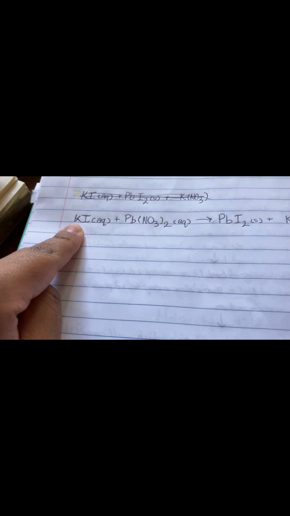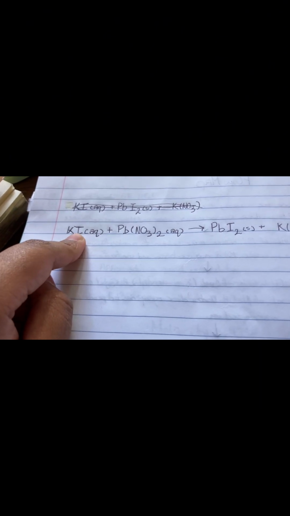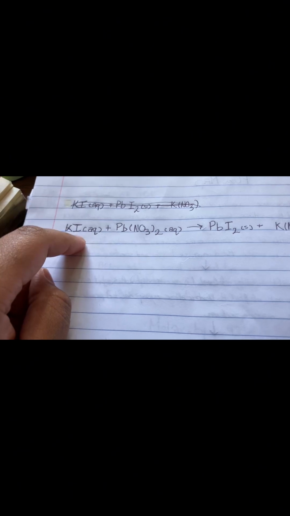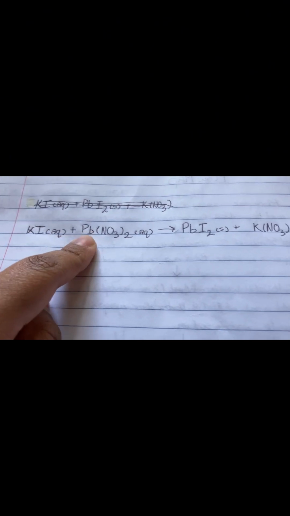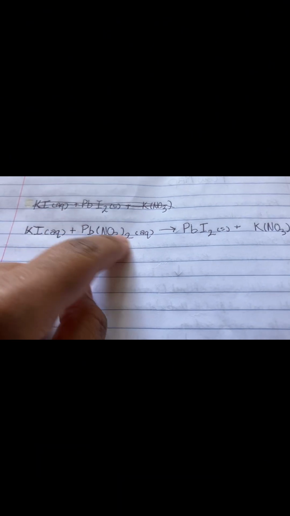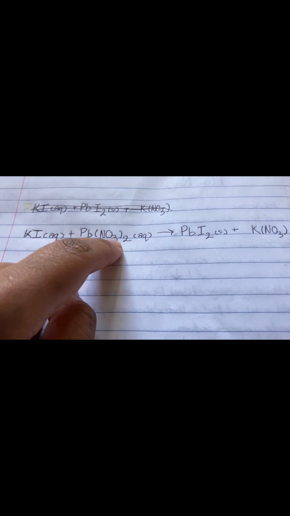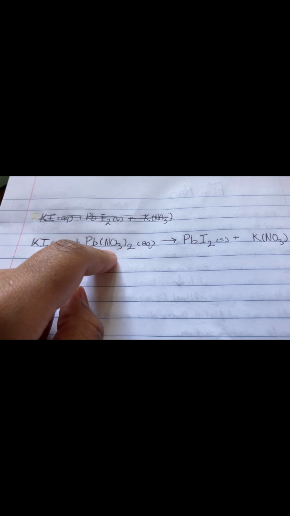Well, first you have to know that all of these are separate elements. So potassium is an element. Iodine is an element. This is lead. This here, the NO3, is nitrate, and it's a polyatomic atom.